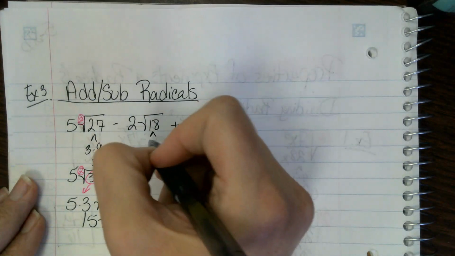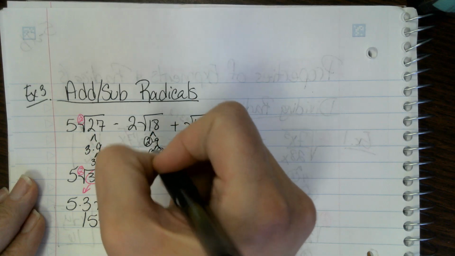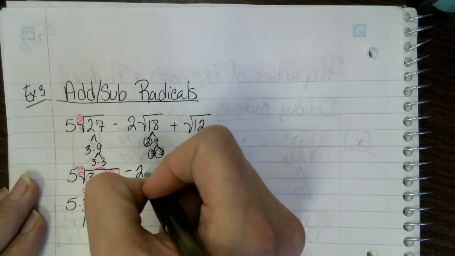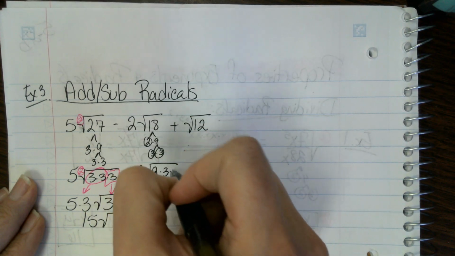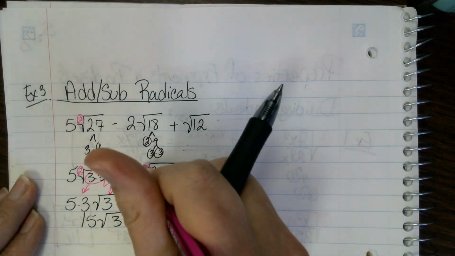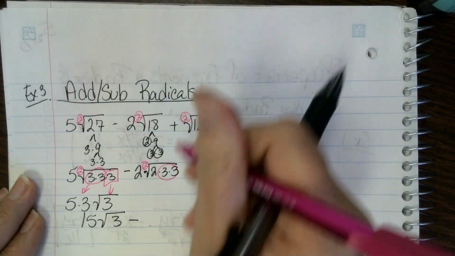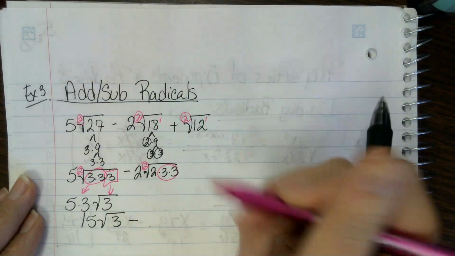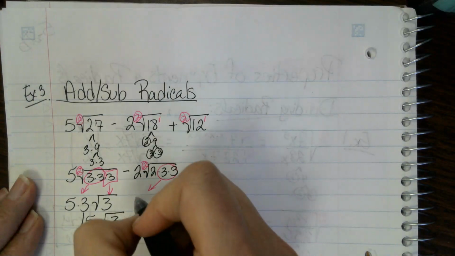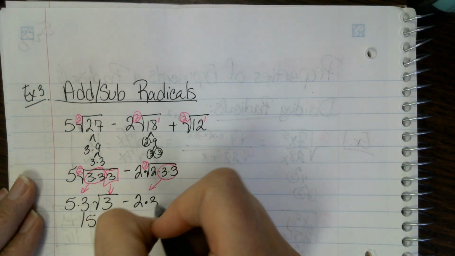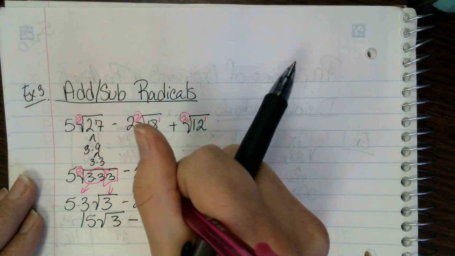Okay, same thing here, 2 times 9, 3 times 3. Here's my prime factorization, minus 2 times, 2 square root 2 times 3 times 3. Again, if there's not an index, it is an invisible 2, just like our invisible 1 exponents. Okay, don't forget our invisible math. So we get minus 2 times 3 square root 2. This loner right here has to stay.